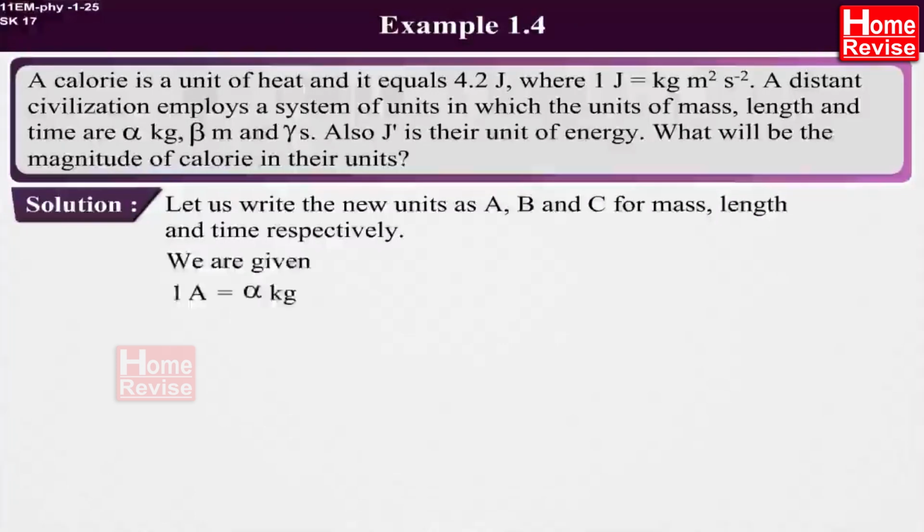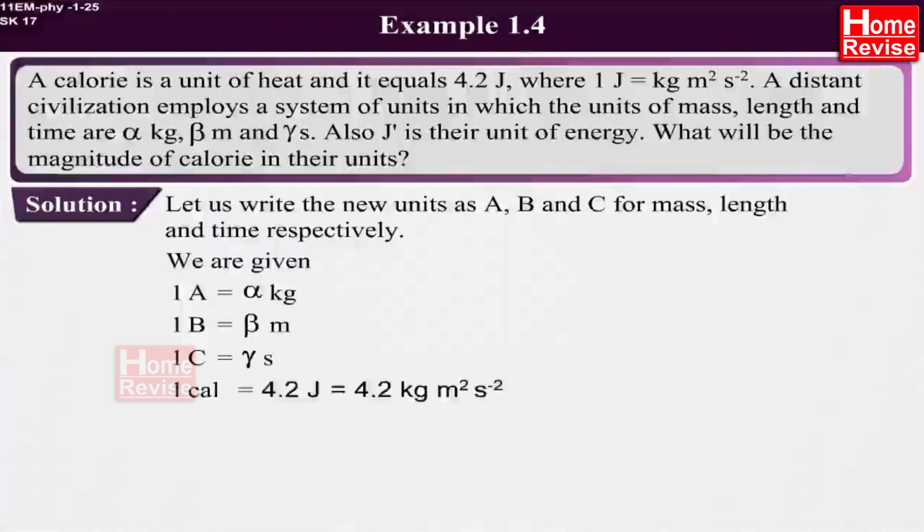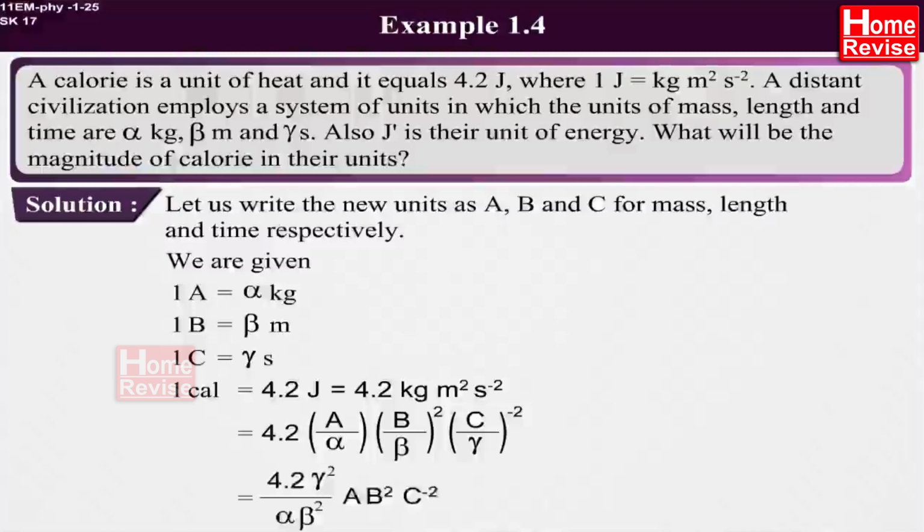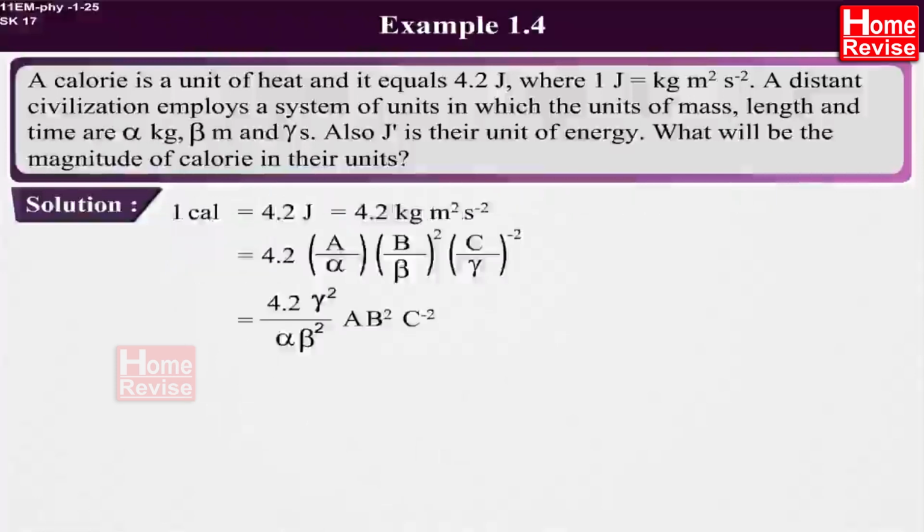We are given 1A is equal to alpha kilograms, 1B is equal to beta meter, 1C is equal to gamma seconds. 1 calorie is equal to 4.2 joules, which is equal to 4.2 kilogram meter square per second square, which is equal to 4.2 multiplied by (A upon alpha) multiplied by (B upon beta) whole square multiplied by (C upon gamma)^(-2), which is equal to 4.2 gamma square upon alpha beta square multiplied by A B square C^(-2), which is equal to 4.2 gamma square upon alpha beta square multiplied by J dash.